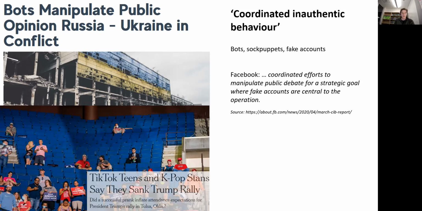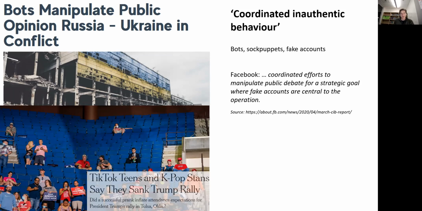But here I just want to raise another, slightly problematic example, I guess, which is the use of bots and fake accounts by K-pop fans to undermine Donald Trump's re-election bid in the last election, the 2020 election. You might remember this story, that these K-pop fans, teenagers, young people essentially, cooked up this scheme to buy tickets to Trump's rally in Tulsa, Oklahoma.